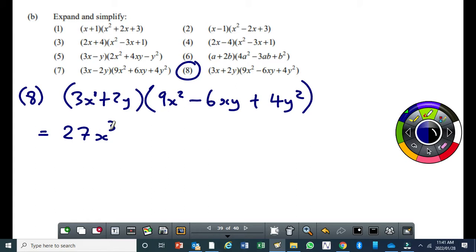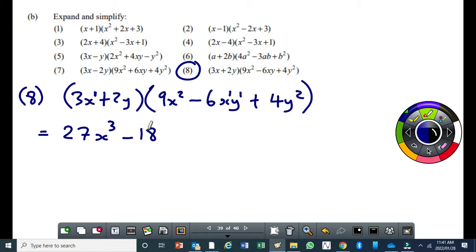Put a tick there if you got that multiplication right. Then 3x to the power of 1 times 6xy. Start with the coefficient. So this will be 3 times 6, that's minus 18. Then x to the power of 1 times x to the power of 1.